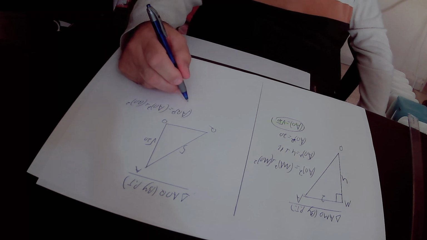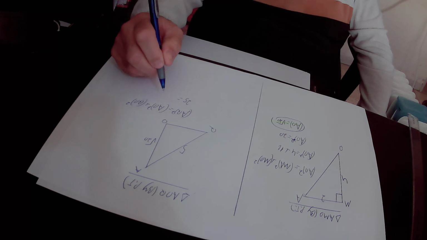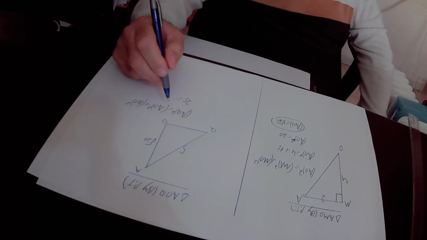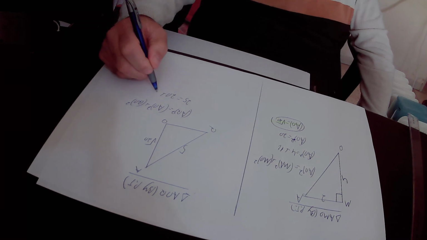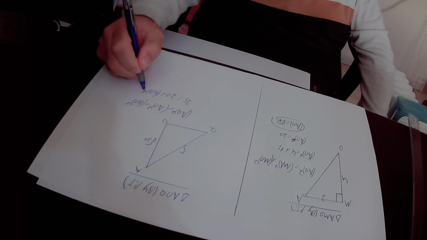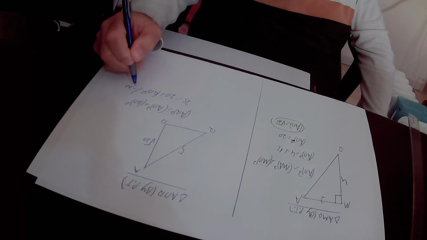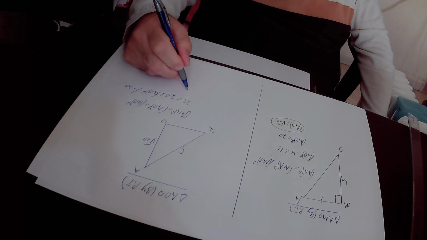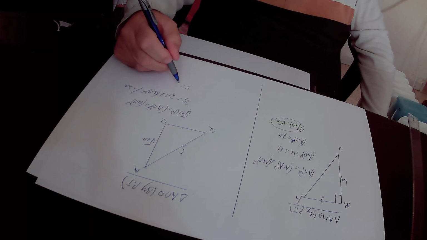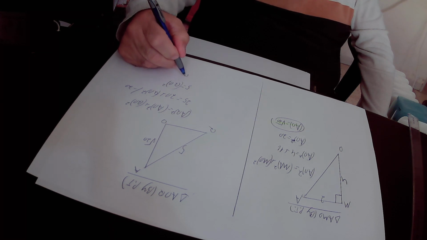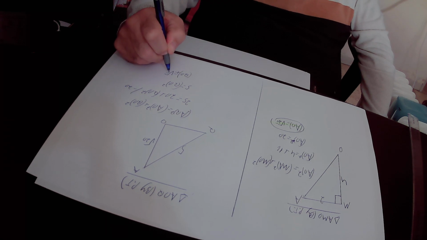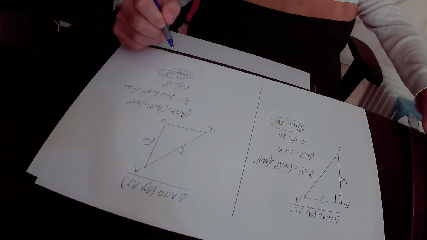AQ is 5, therefore AQ squared is 5 squared, that is 25, and is equal to AO squared. AO is the square root of 20, therefore AO squared is 20, plus QO squared. Here we subtract 20 from this equation and we get that 25 minus 20 is 5, that is equal to QO squared. We take the square root of this equation and finally we get that QO equals the square root of 5 units in its length.